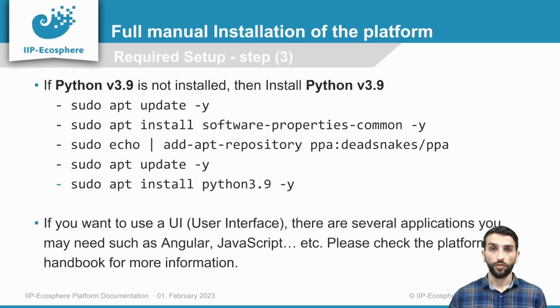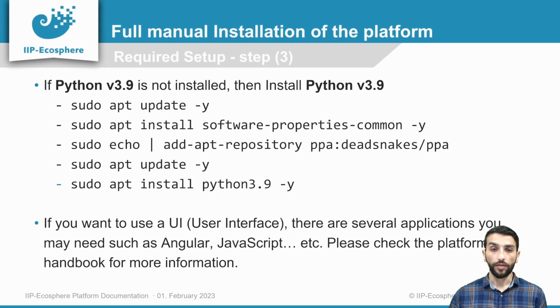If you don't have Python version 3.9 installed in your machine, or if you would like to get the exact version, please execute the following 5 commands. First, update the packages using sudo apt update -y. Then install the software-properties-common using sudo apt install software-properties-common -y.